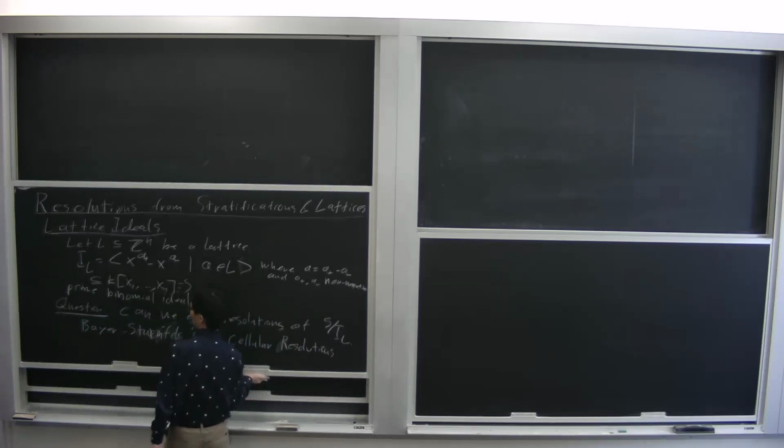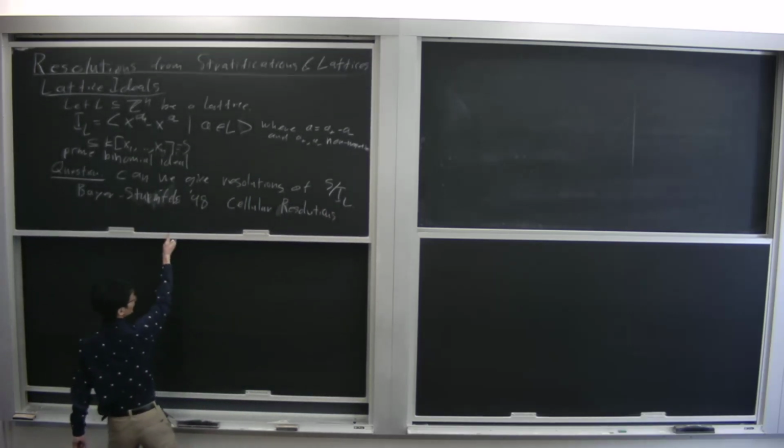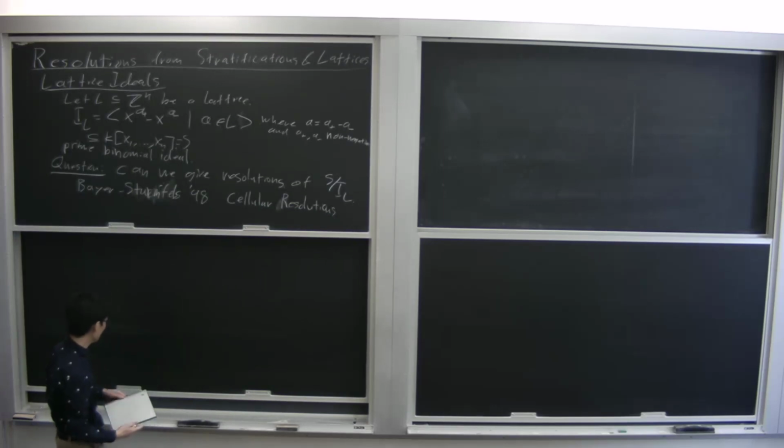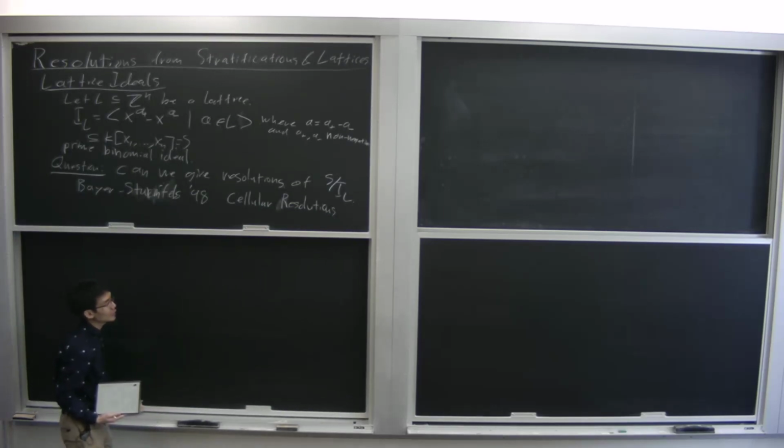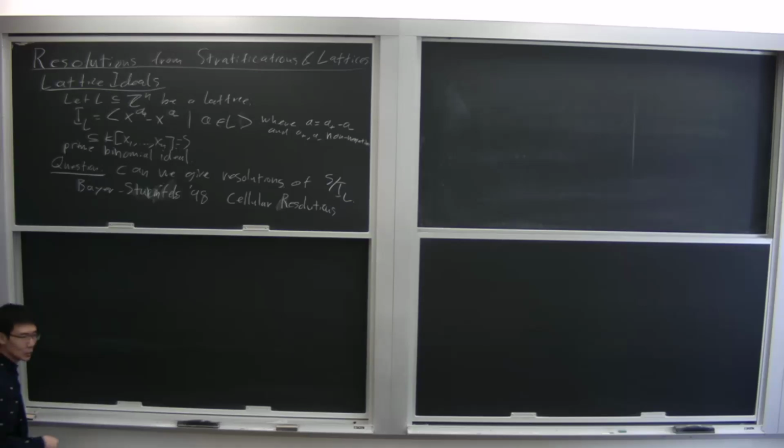And usually when you see cellular resolutions, especially the first time you see cellular resolutions, it's for monomial ideals rather than binomial ideals. So you might ask, how do we actually do this? And we'll get there. But first, let's do cellular resolutions in the monomial case, because we'll build off of that, and that'll give us the binomial case.